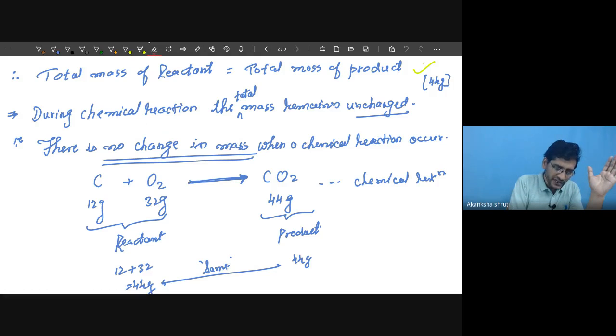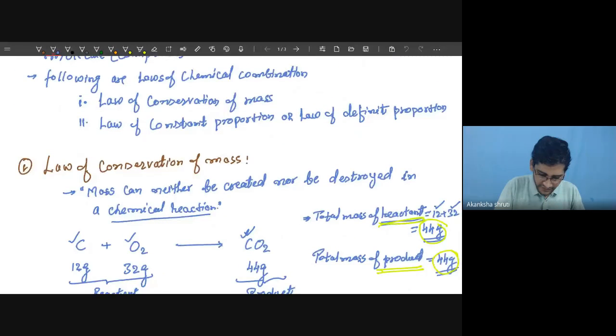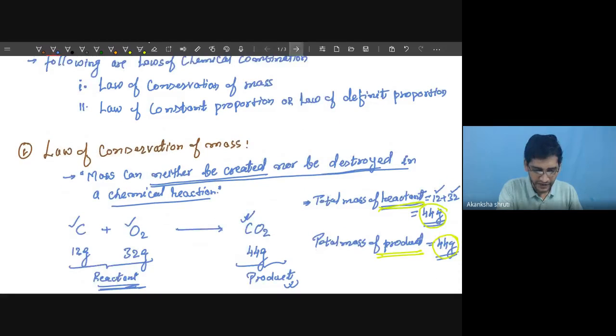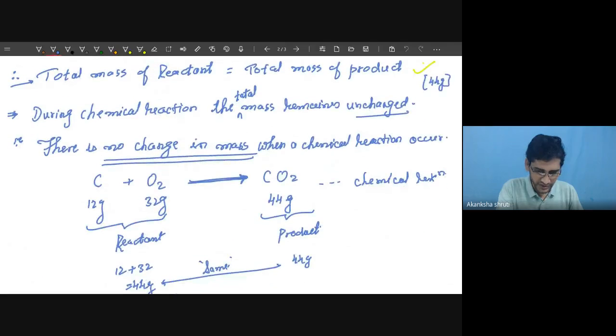So in equation form, the total mass of reactants is equal to the total mass of products, or in statement form, there is no change in mass when the chemical reaction occurs, or in general form, you may state that mass can neither be created nor be destroyed, meaning it always remains the same. So these are the three ways of stating the conservation of mass. It may be asked in any of the three ways in MCQs. You have to choose the correct option.